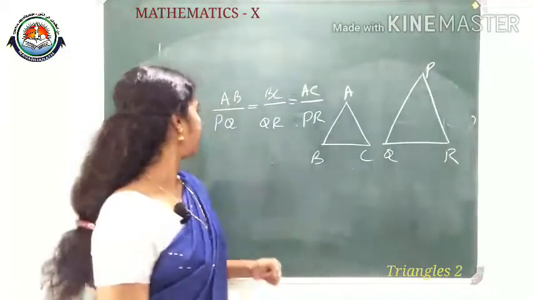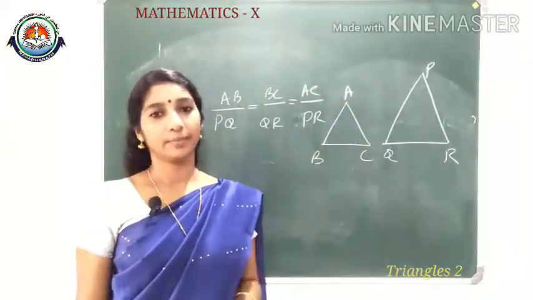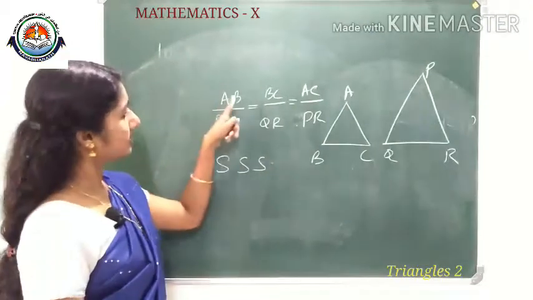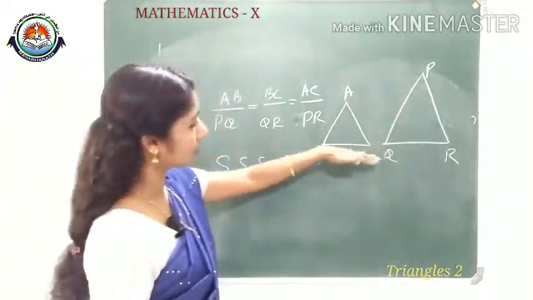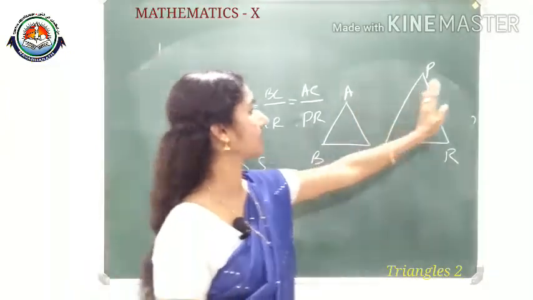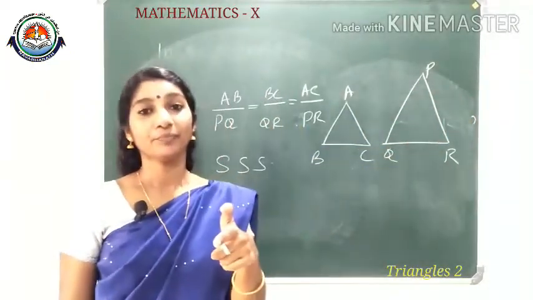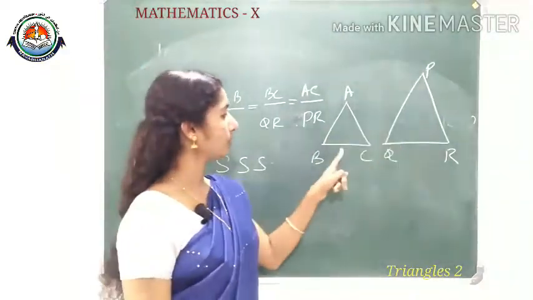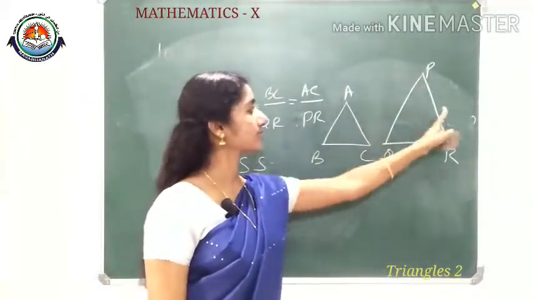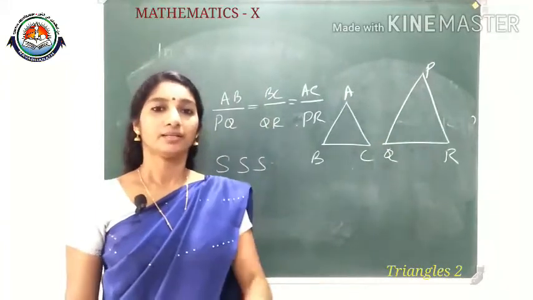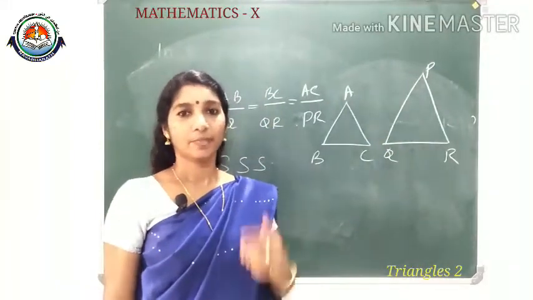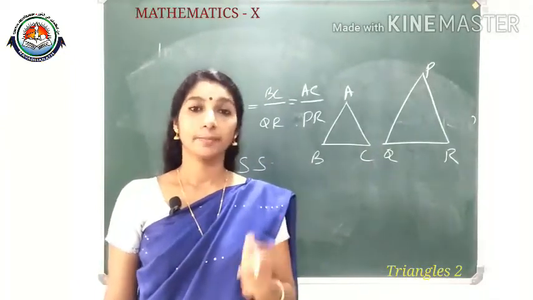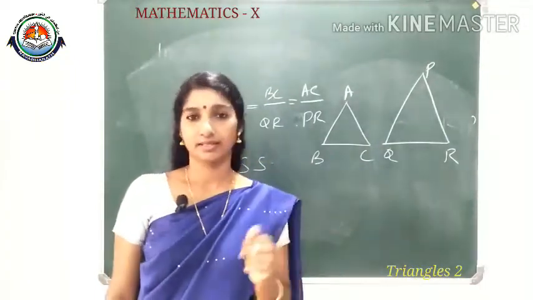Then we can say that the two triangles are similar by, we will say, SSS criteria. This you studied for congruency also, where AB equals PQ, BC equals QR and AC equals PR; that time they should be equal in size. Now their ratios are equal, then we will say they are similar triangles. That is the second criteria.